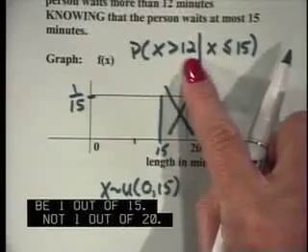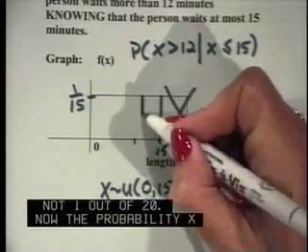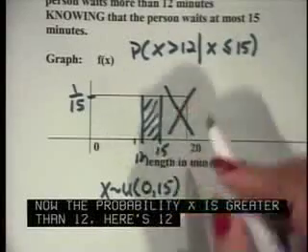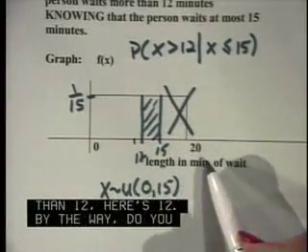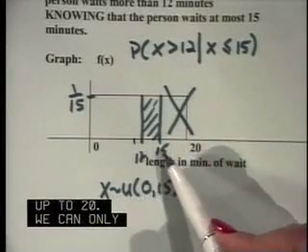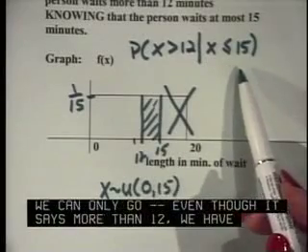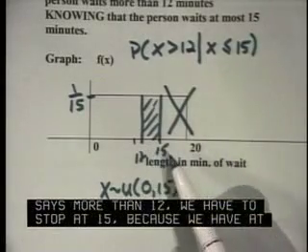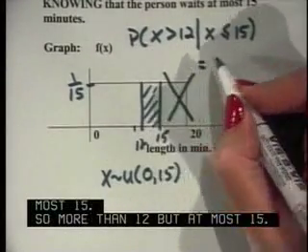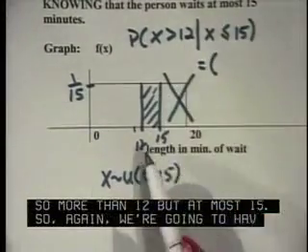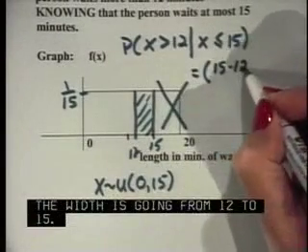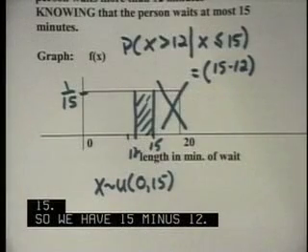Now the probability x is greater than 12. Here's 12. By the way, do you notice that I'm not shading in all the way up to 20? Even though it says more than 12, we have to stop at 15 because we have at most 15. So more than 12, but at most 15. So again, we're going to have the width. The width is going from 12 to 15, so we have 15 minus 12, times the height.